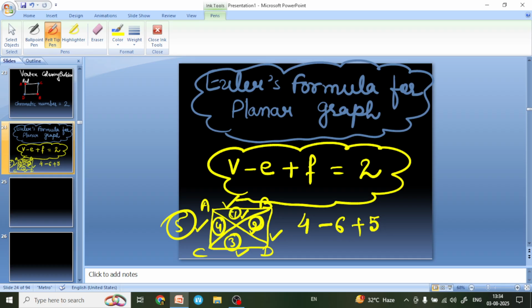And how many vertices? Equal to 2. If we implement this formula here, this is wrong.